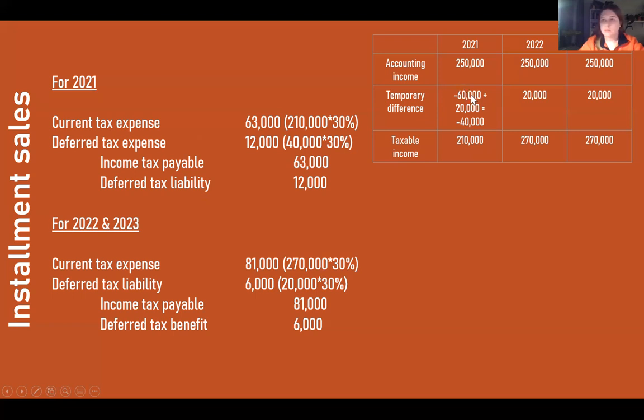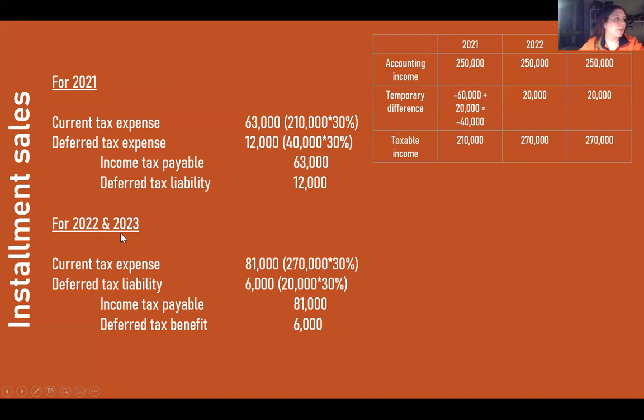Another trick you can use is that if the sum of your temporary differences is negative, then it's going to be a deferred tax liability. If it's positive, it's going to be an asset. You can use that when you're doing exercises. And then you have your income tax payable for the same amount and deferred tax expense for $12,000.